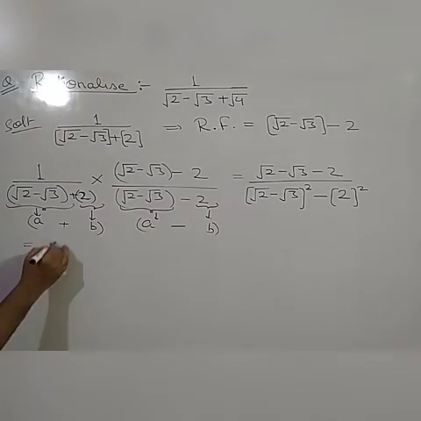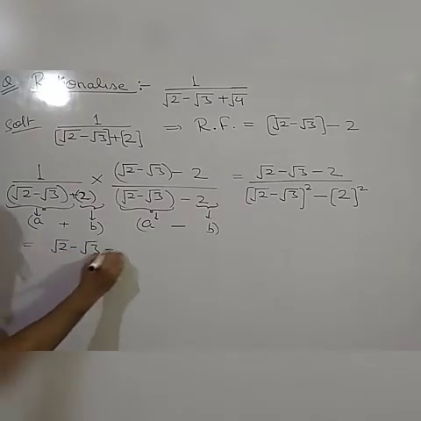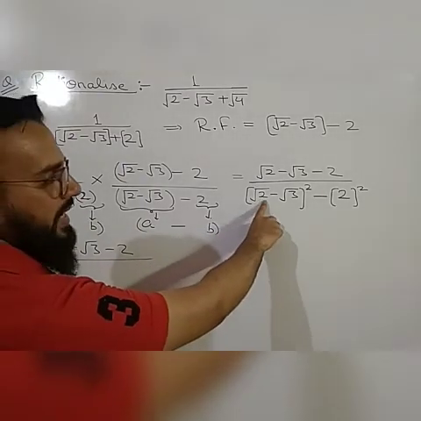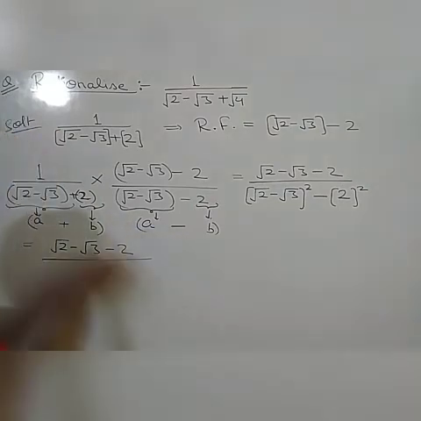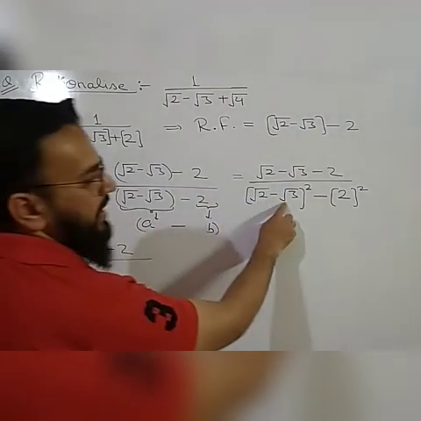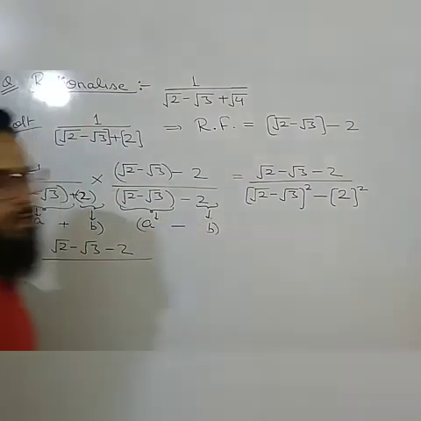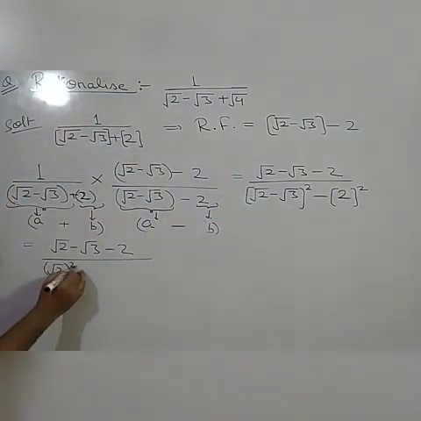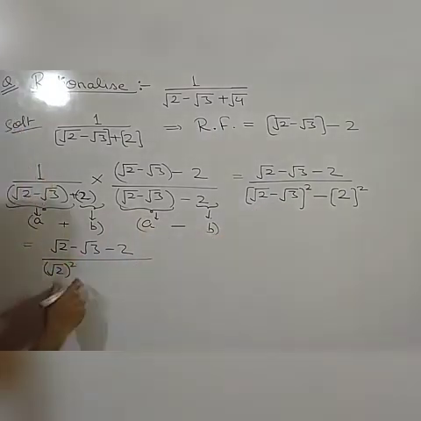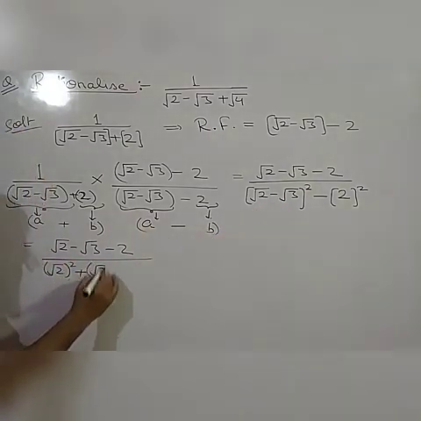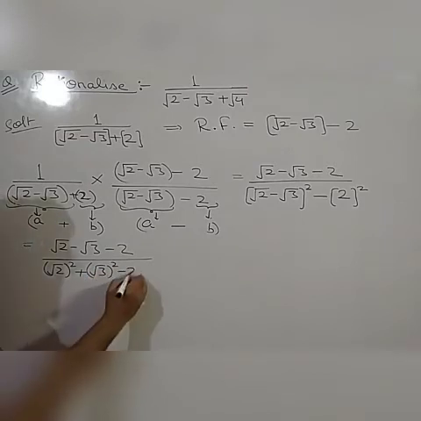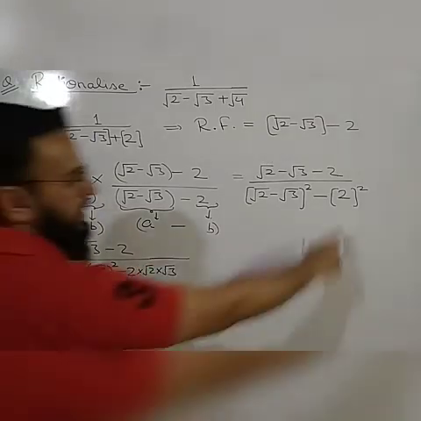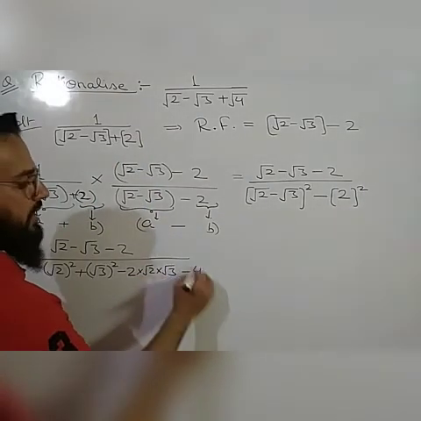So it will be root 2 minus root 3 minus 2, and in the denominator it can be expanded by A minus B whole square, where the whole term was A, and this is a separate term 2. So when we expand, it will be root 2 square, plus root 3 square, minus 2 into A into B, and in the second bracket it is minus 2 square, that will be minus 4.